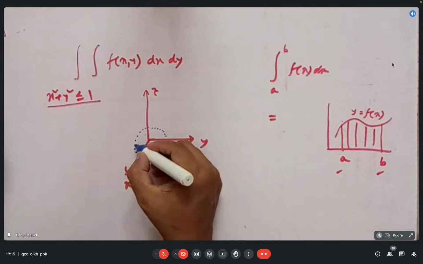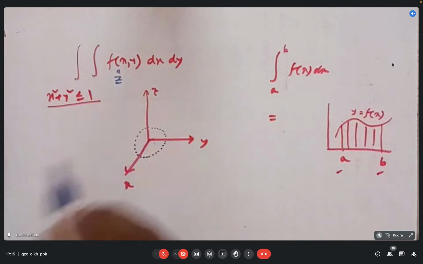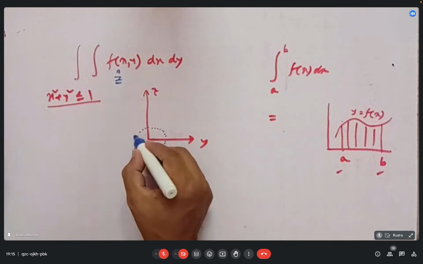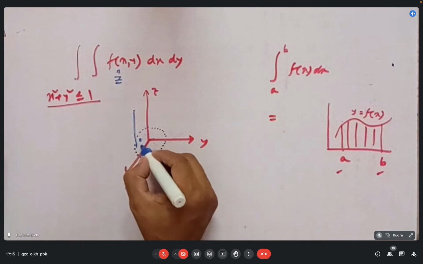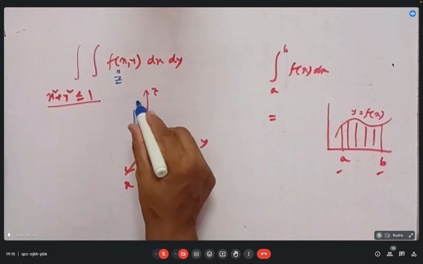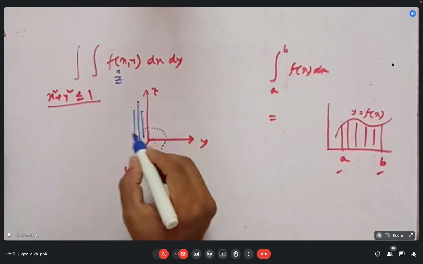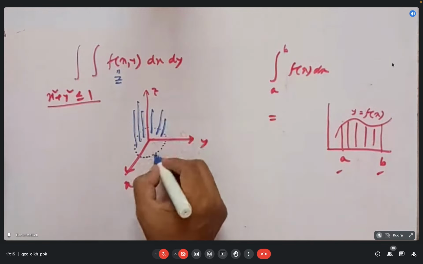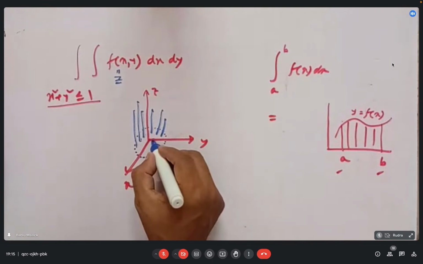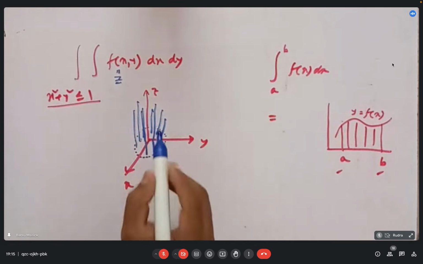Now at every point, we shall find the value of z. When x, y is here, we shall find the value of z. In this way, we shall find the value of z.